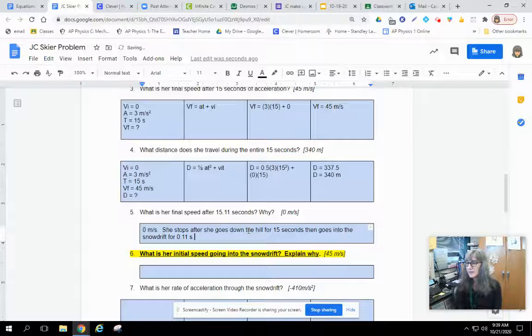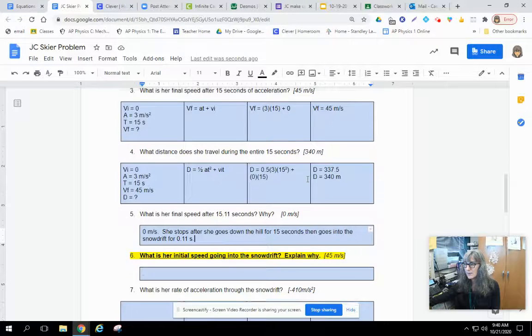So after she goes down the hill for the 15 seconds and then goes into the snowdrift for 0.11 seconds, she stops. Now number 6, this is the key. This is why we love this problem. So figuring out her initial speed going into the snowdrift.